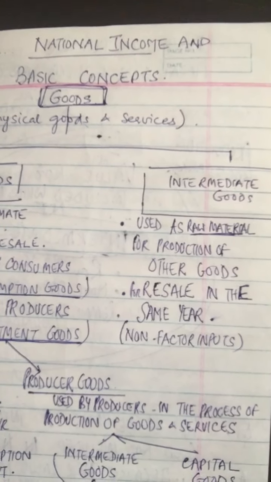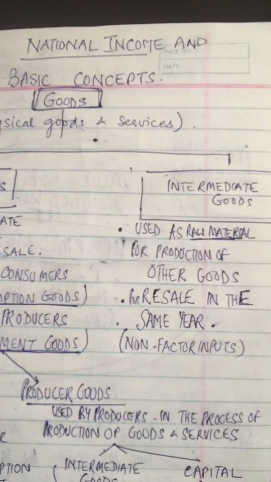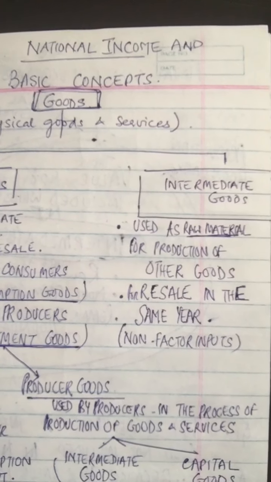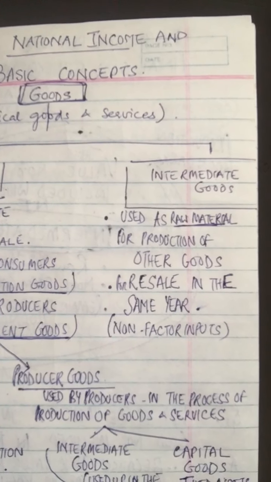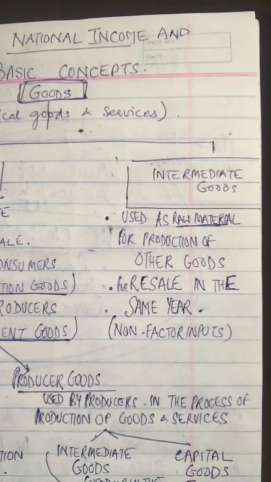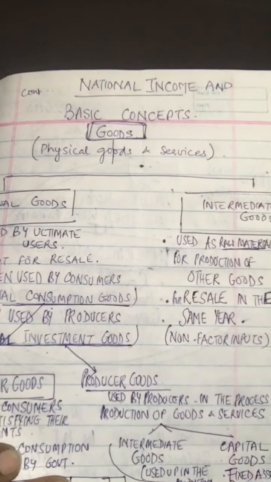So what are final goods? Goods which are used by their ultimate users are called final goods. These goods are either used for final consumption or for final investment. These are not meant for resale.